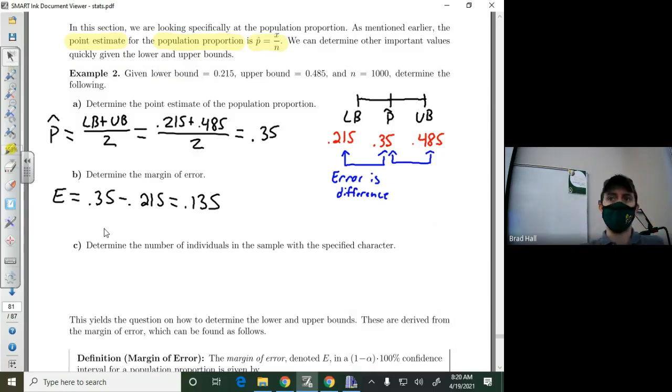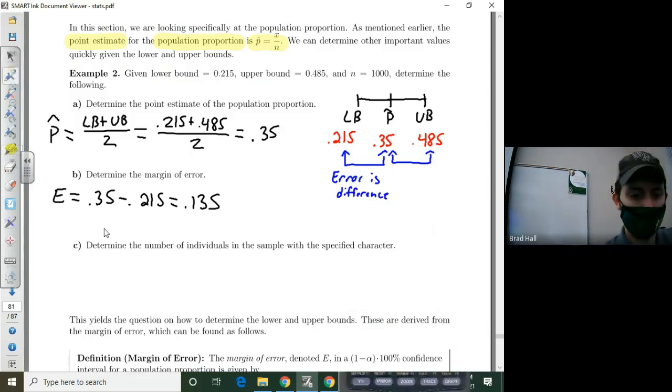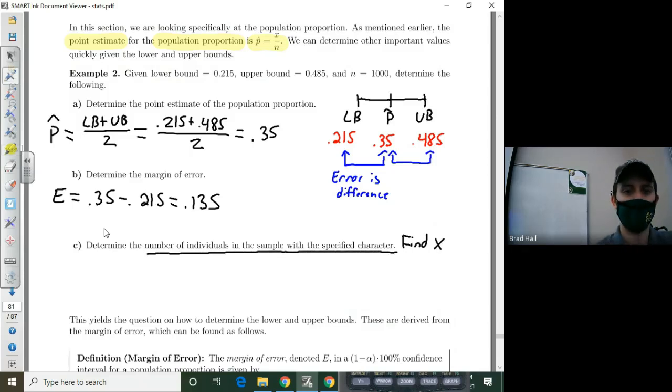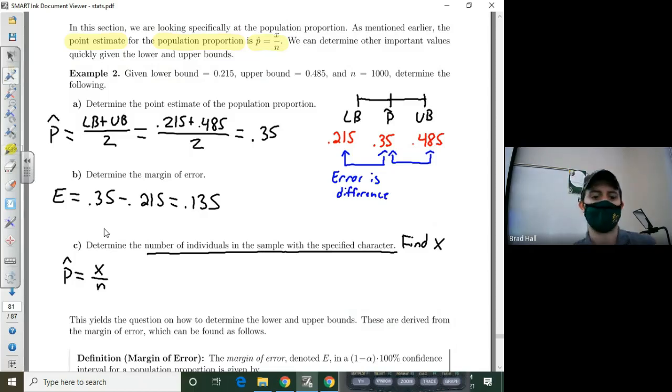And then part C wants us to determine the number of individuals in the sample with the specified characteristic. They're asking us to find X. They're kind of wanting us to work backwards from this formula.